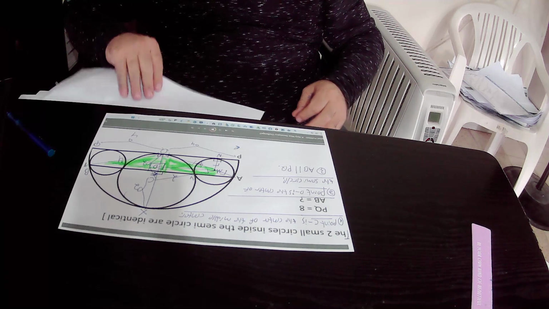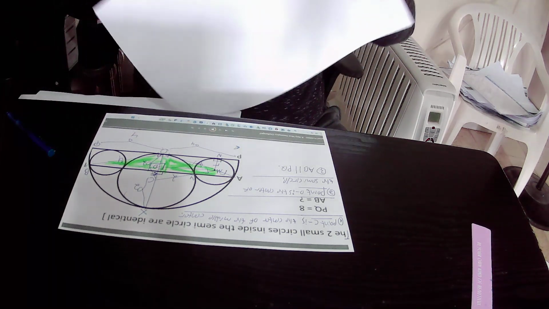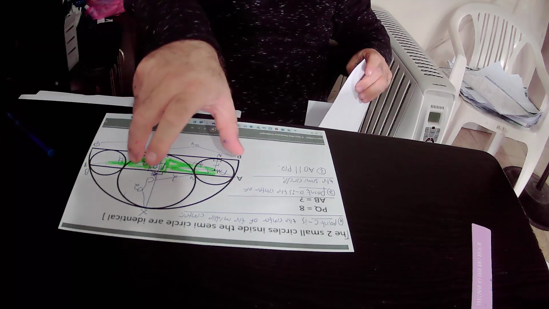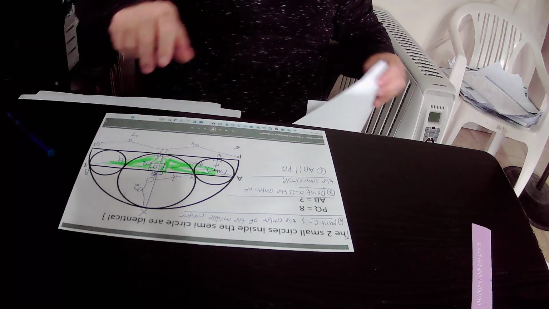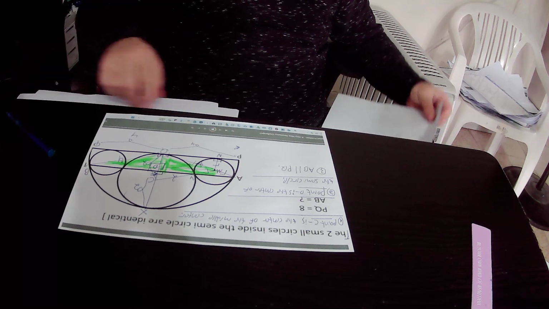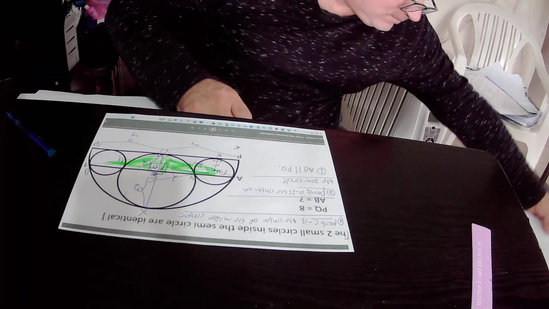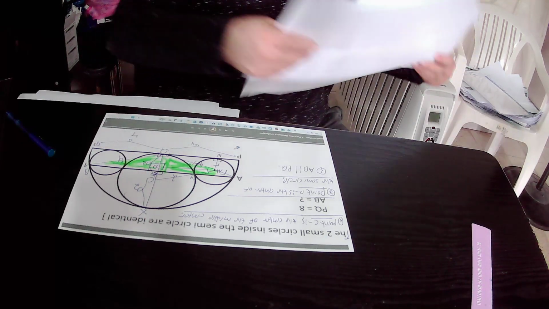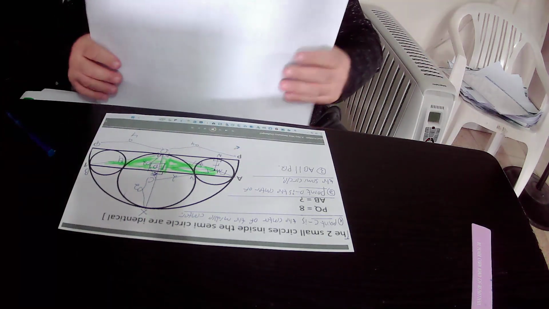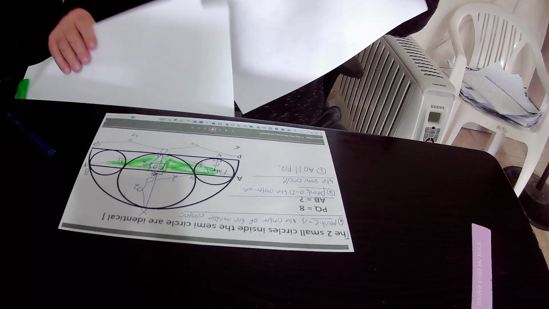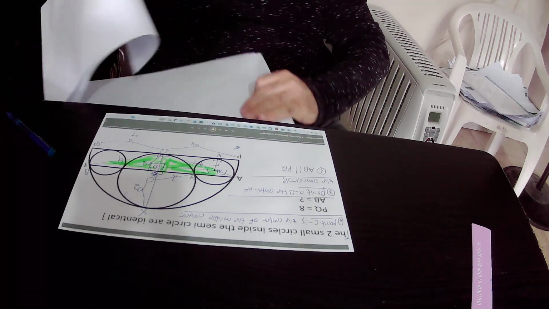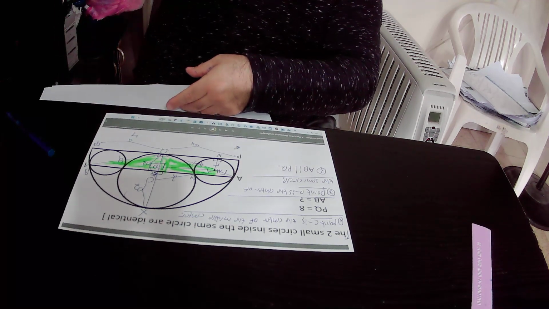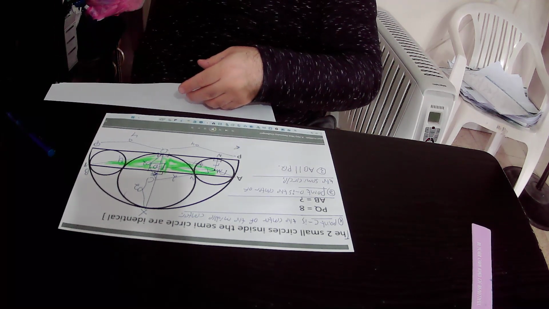Okay, so now I will summarize the lecture. Actually, we wanted to find out the length of chord AB. We have here a semicircle, and inside of this semicircle we have 3 circles.